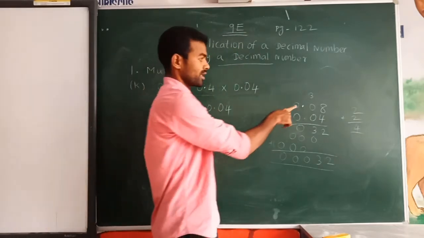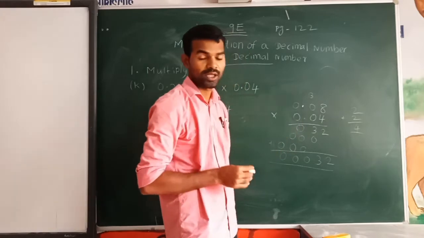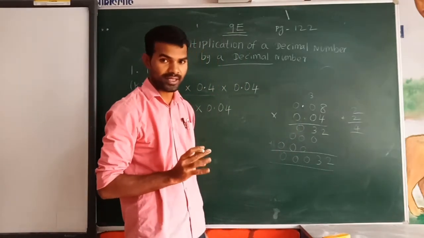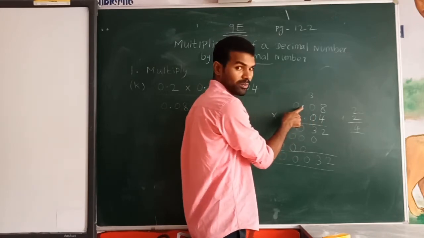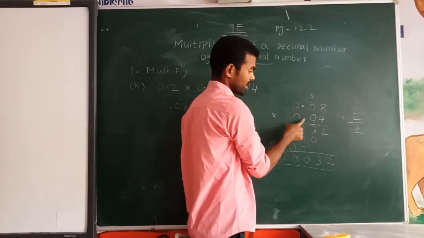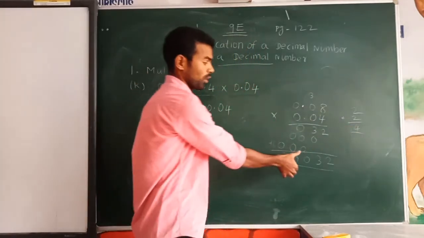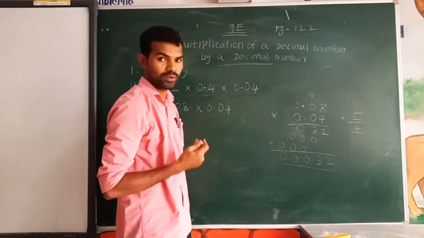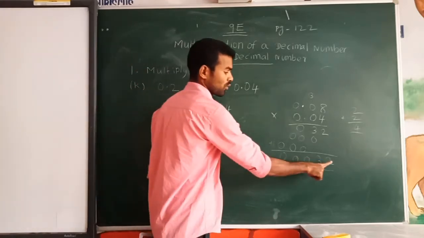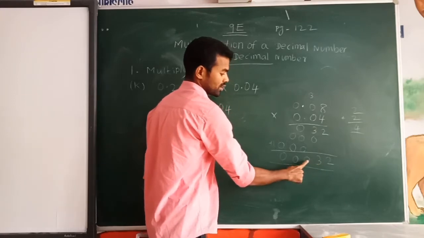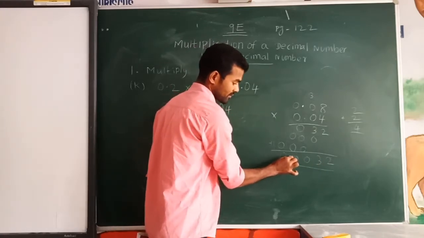Sum of the factors' decimal places: 2 plus 2, 4. So in the product we need 4 decimal places. 1, 2, 3, 4, and keep the point here.